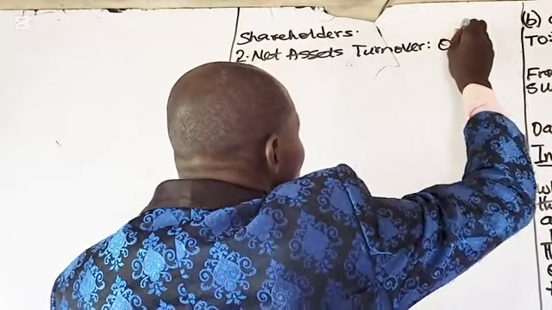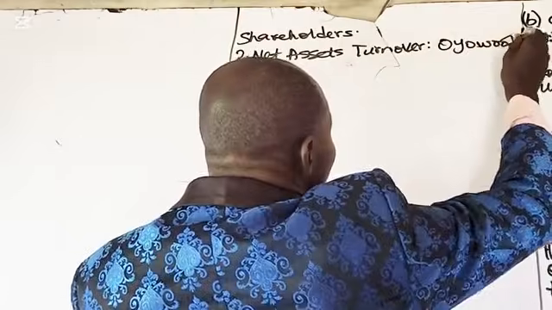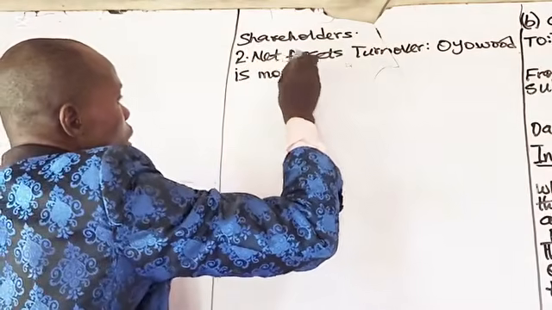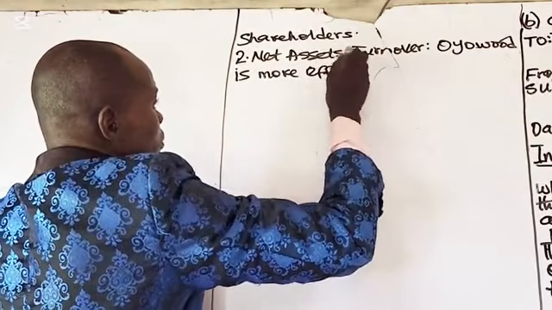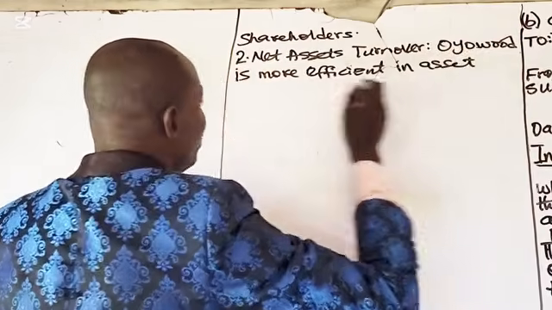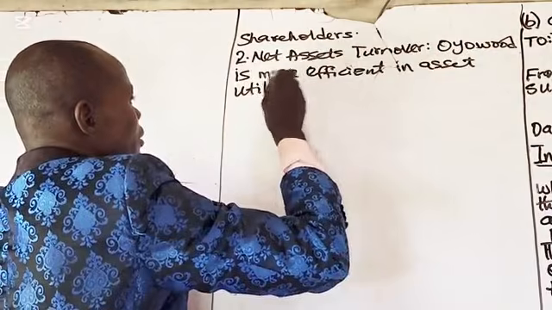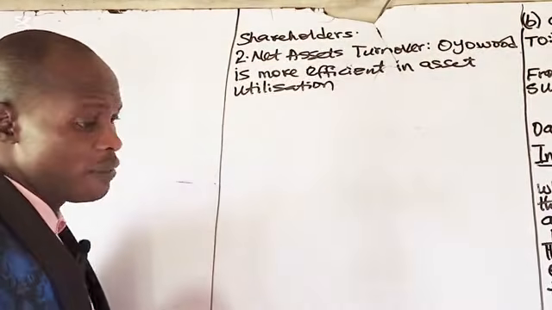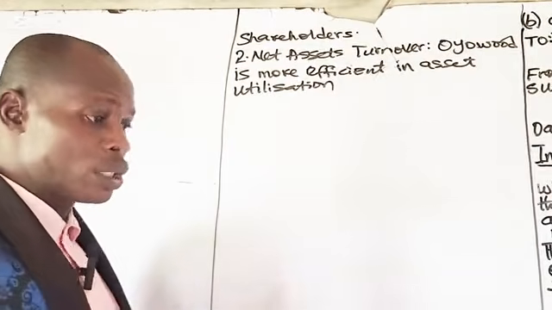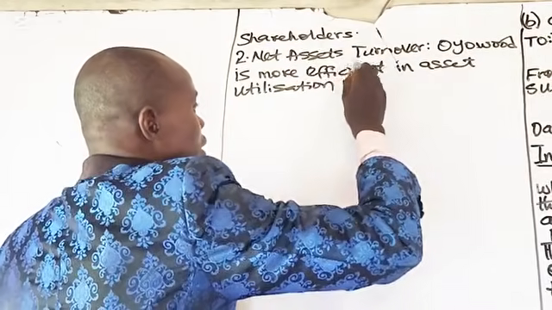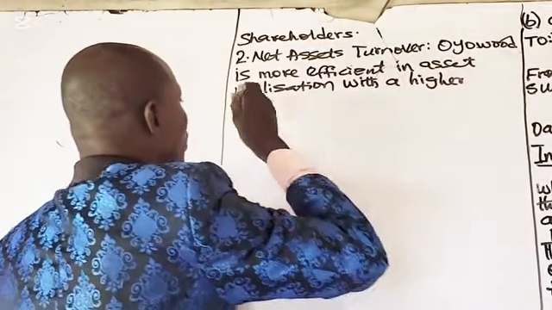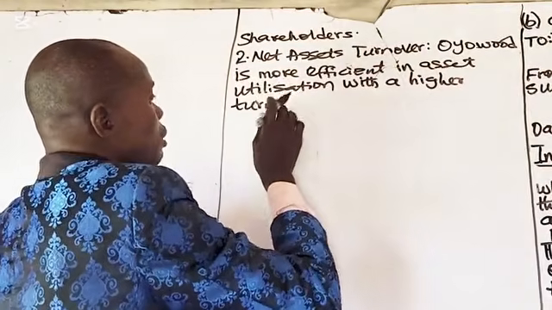Oyo Wood is more efficient in asset utilization with a higher turnover ratio compared to the sector average.